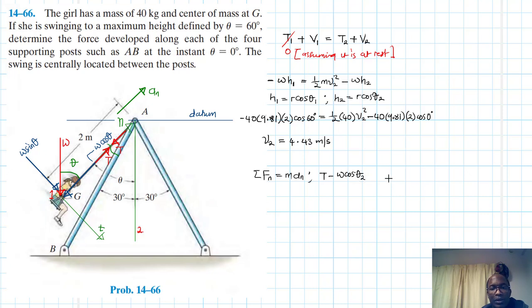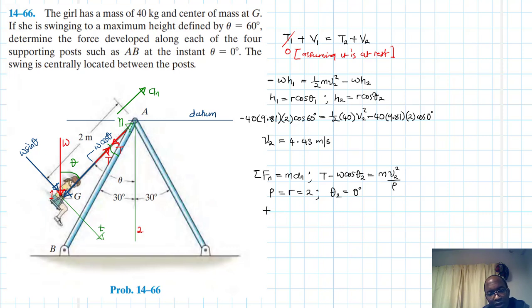Then this is equal to m AN, and our AN is just v2 squared divided by rho, where rho is equal to R, which is 2, and our theta 2 is equal to 0 degrees.